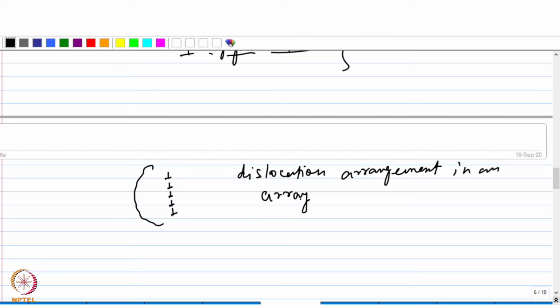So the dislocations will arrange themselves in an array like this, and this will reduce the energy per dislocation.